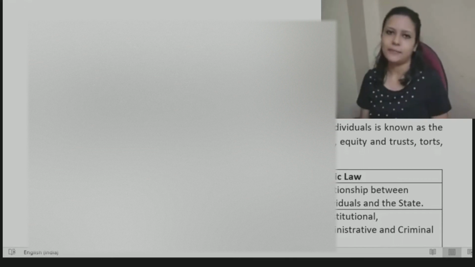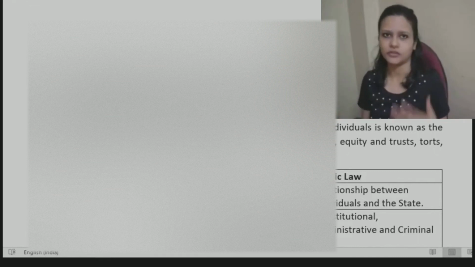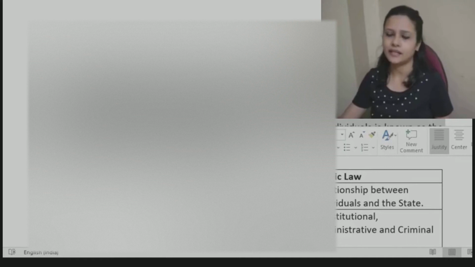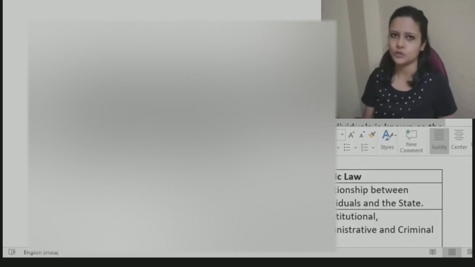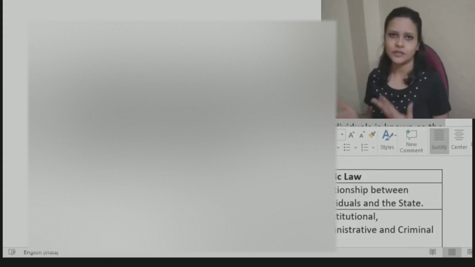In the exam, if there is a question like differentiate between private and public law, you can give a bit of introduction on what is private law and what is public law. This part I have just added; in case you want, you can read from here and add some intro. After that, you can come to the differences, which are the main differences between these two broad categories of laws.